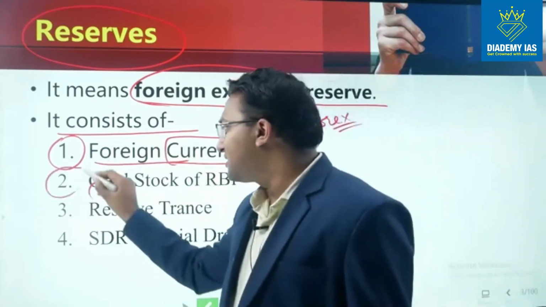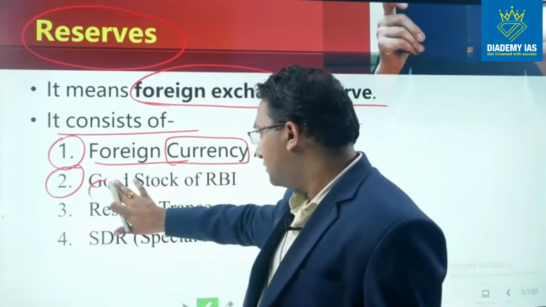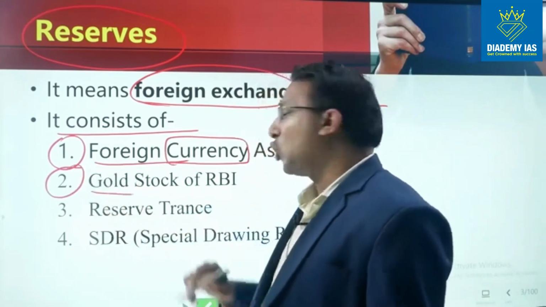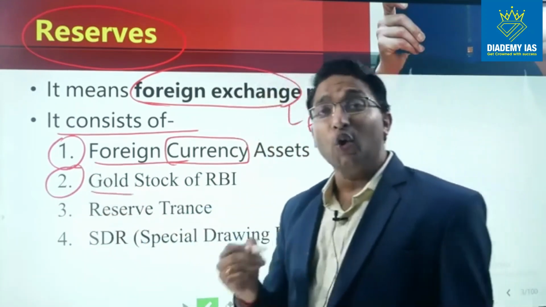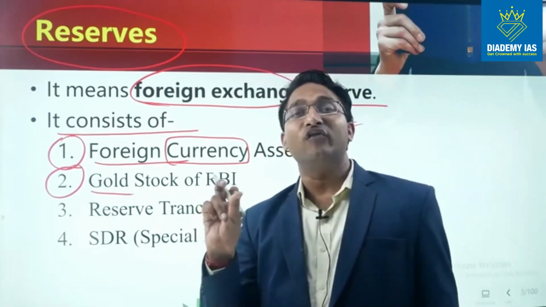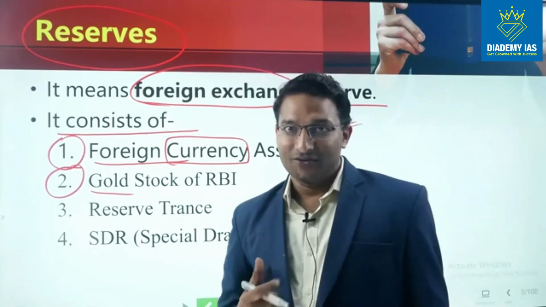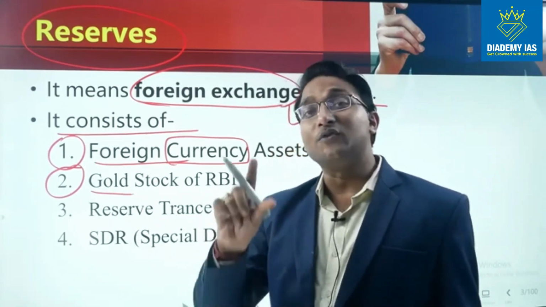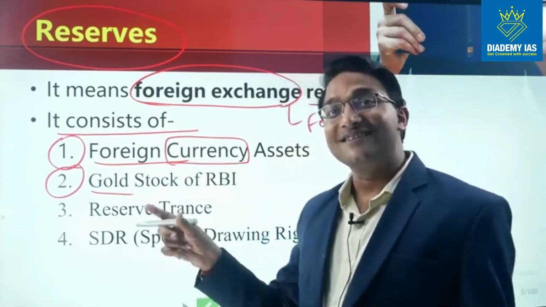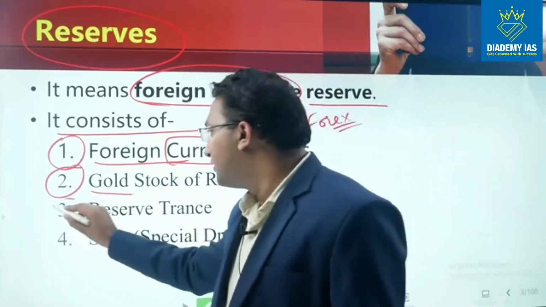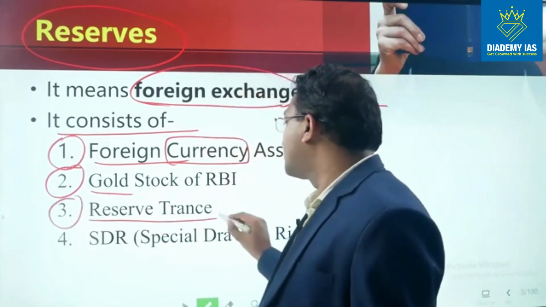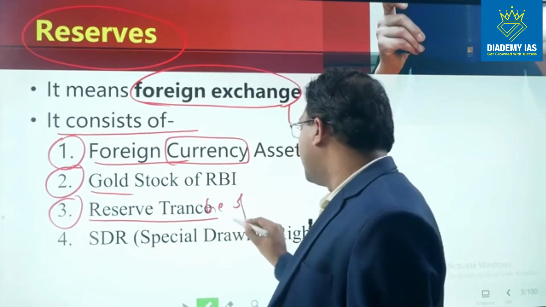The second category is gold stock of RBI. So all of us know that Reserve Bank of India has a stock of gold. That stock of gold also becomes part of the foreign exchange reserve. Third, reserve tranche of IMF.